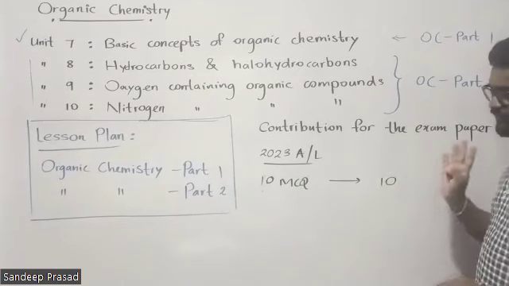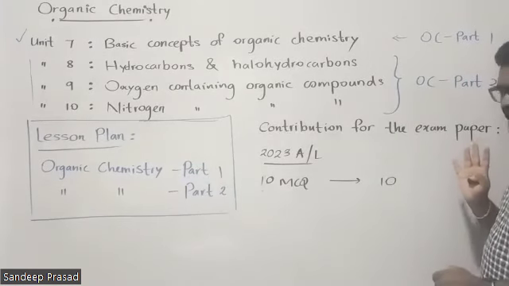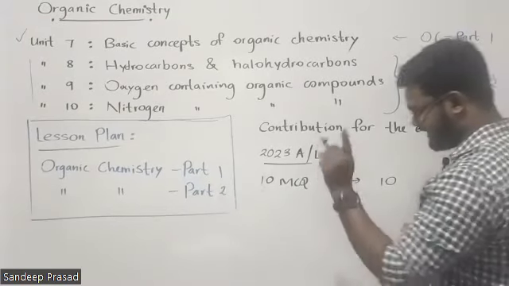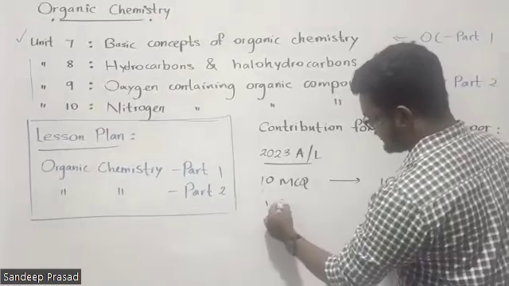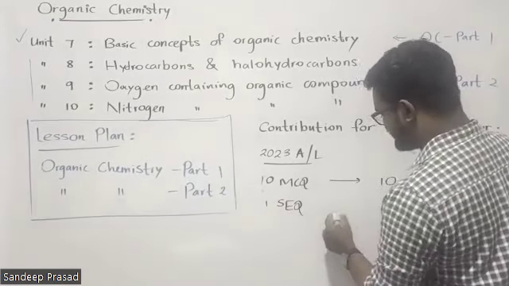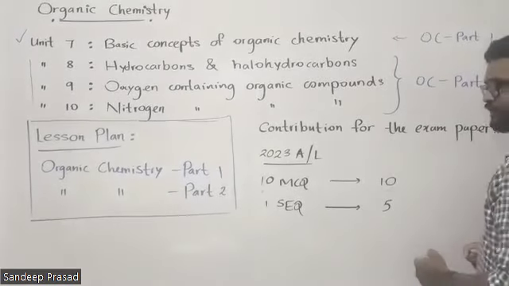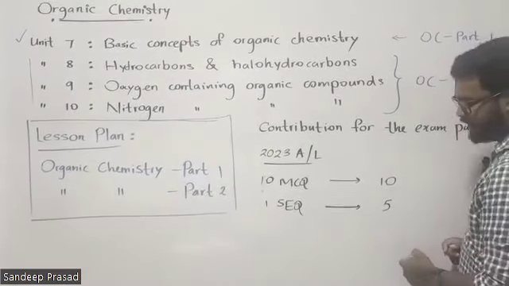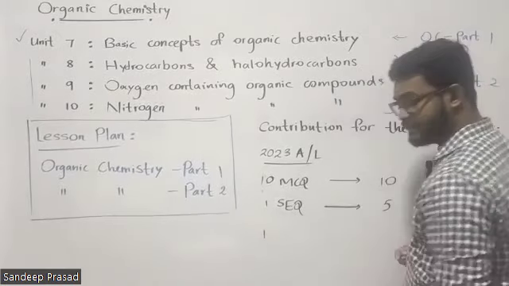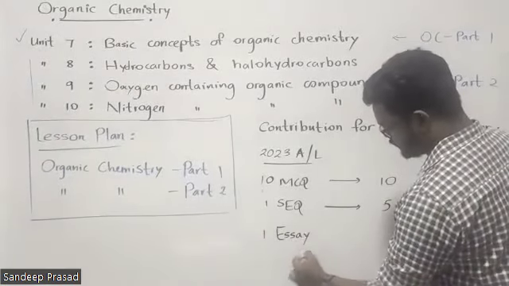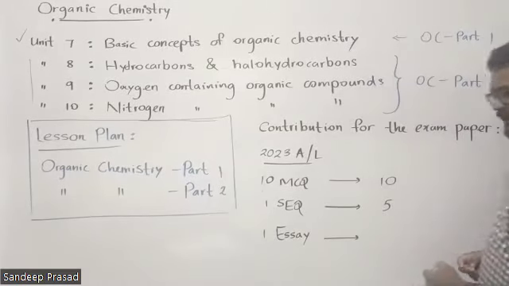Right. Minimum they will give 8 or 9 MCQs, and maximum there will be 10 MCQs. Then definitely there will be one structured essay question. That one structured essay question carries 5 marks directly for your result. Then there will definitely be an essay question in part C. The first question is the essay, organic chemistry.